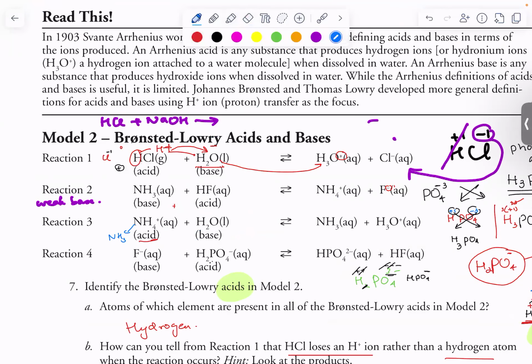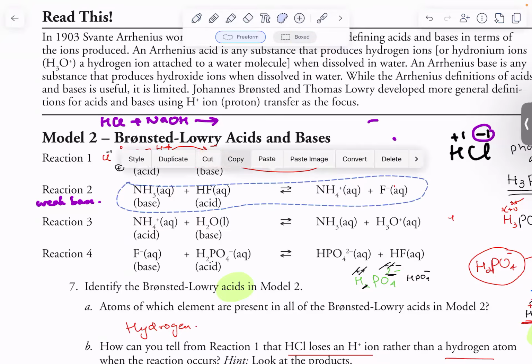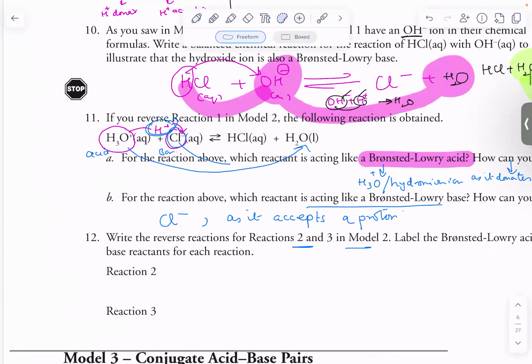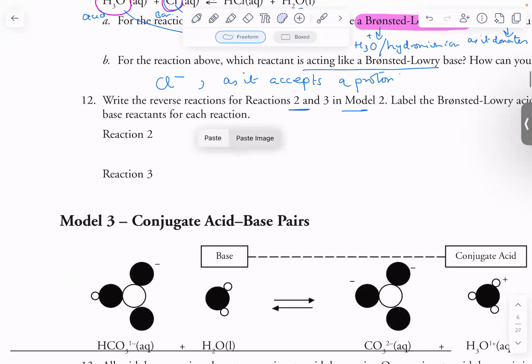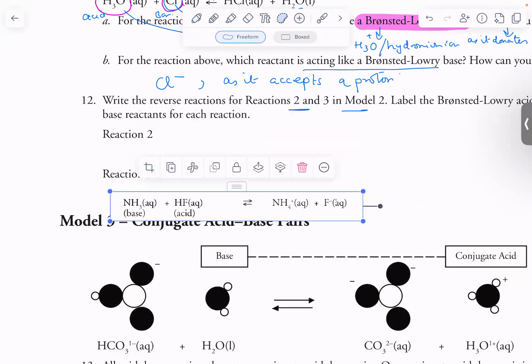First I'm going to copy reaction 2 and reaction 3. I will rub it afterwards.